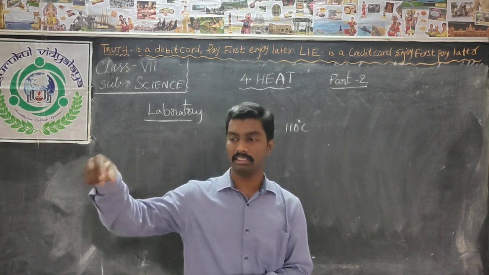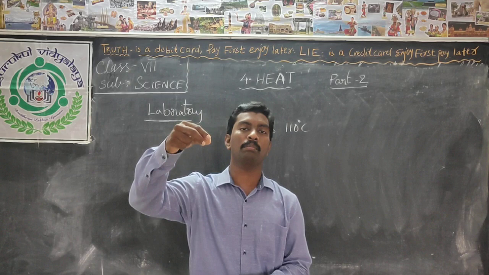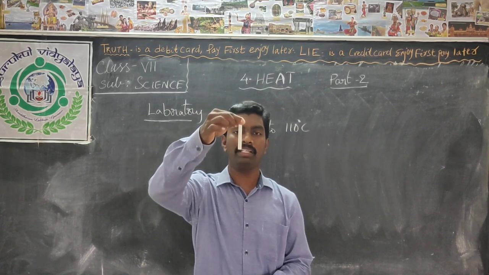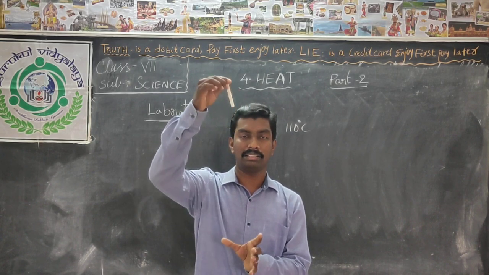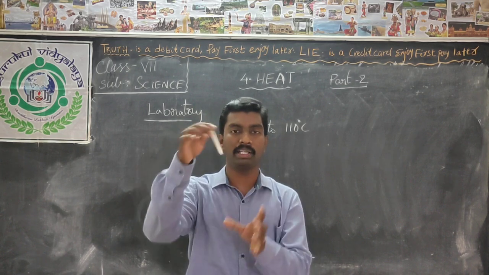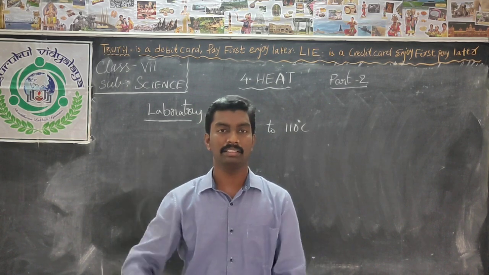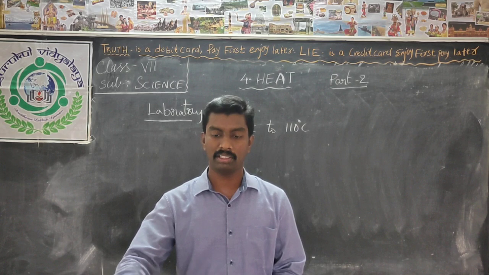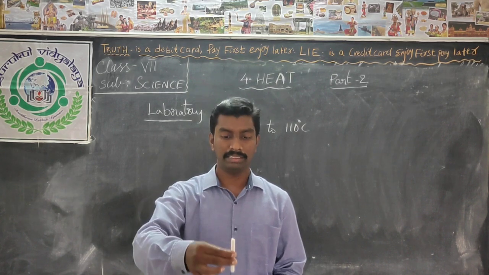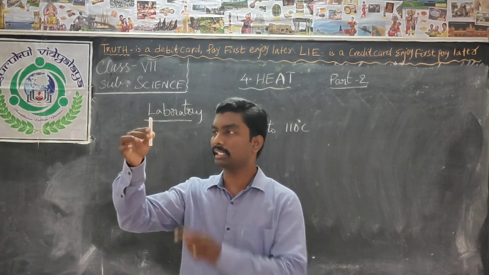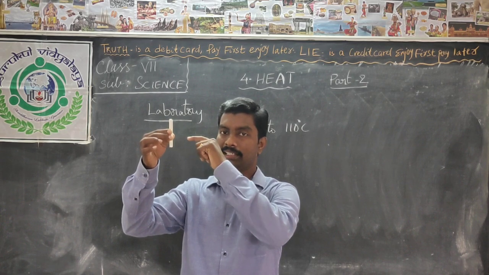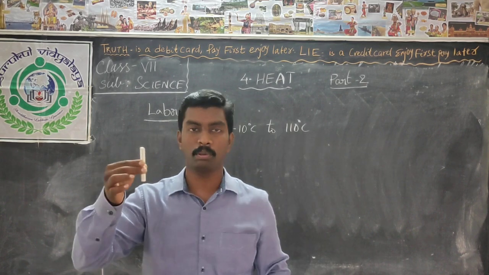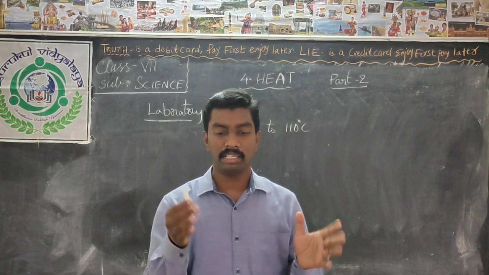Whenever we take the laboratory thermometer, we should hold it upright and should not tilt it. If you are keeping it vertically in the beaker, we have to remove it and check the level, the reading of the thermometer. By that we can get the temperature.